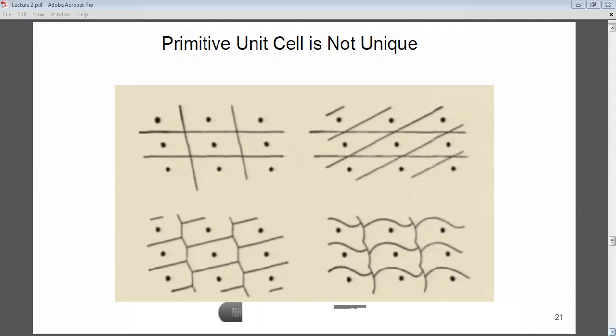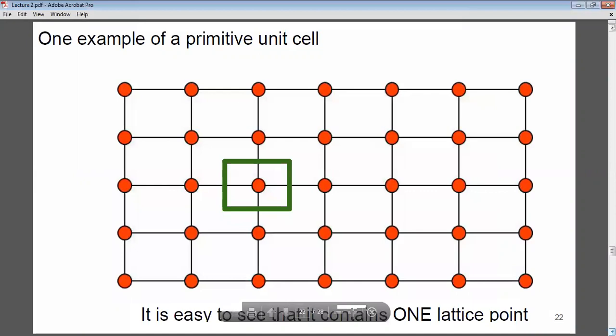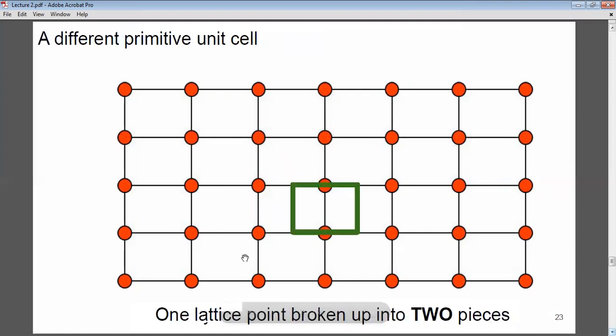For this periodic structure, this is one primitive unit cell. It is definitely a unit cell, because if I draw another one and another one and another one, it covers the whole periodic structure, and it contains only one lattice point. Another example is this.